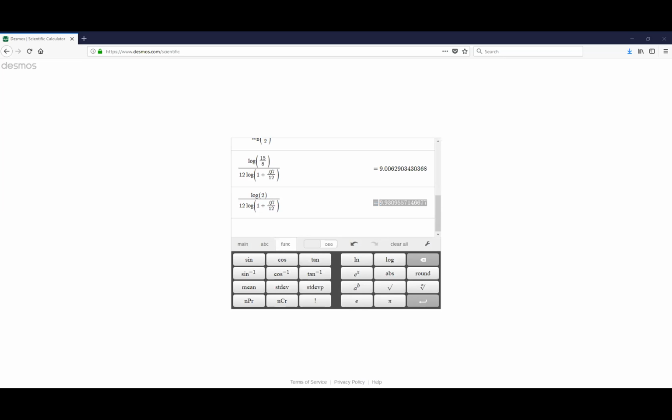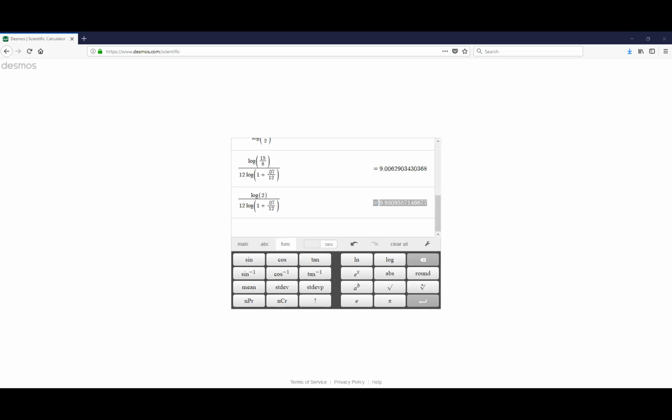We need to isolate our exponential portion, so we divide both sides by 12,000. Three goes into 15, 5, and 3 goes into 12, 4 times. This is 1 plus 0.08 divided by 12, all raised to the 12t.